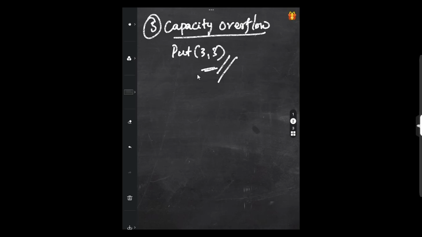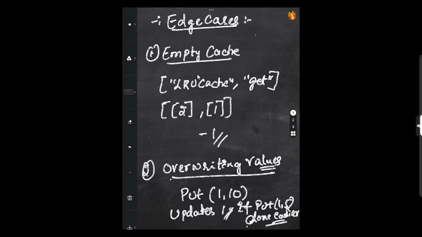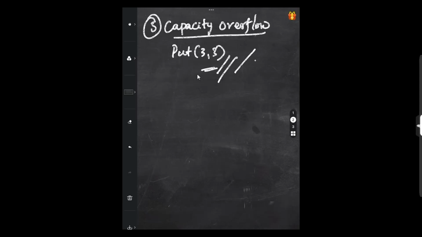I hope these three edge cases are clear, right? First one we went with the empty cache, second one with overwriting values, and third one with the capacity overflow. Next, let's start writing the code, and I'll explain the code while we write it, and finally discuss the complexities of the code that we have written.